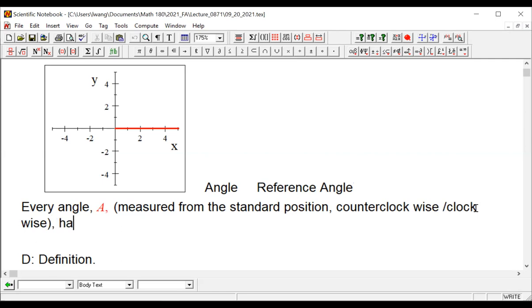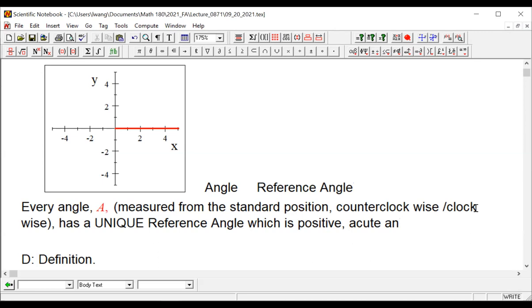Every angle has a unique reference angle, which is a positive acute angle.